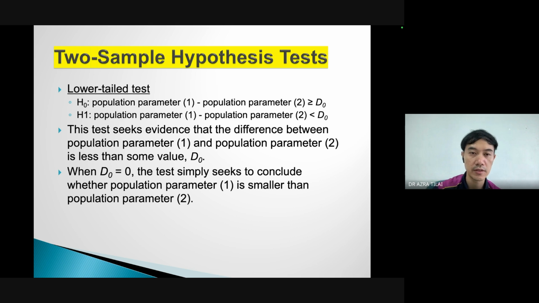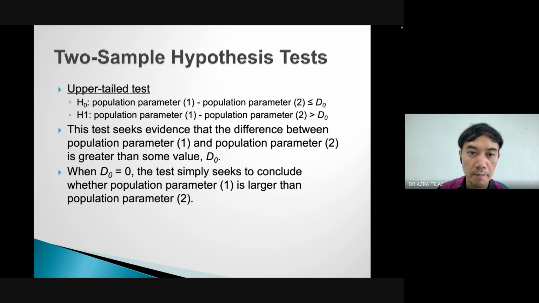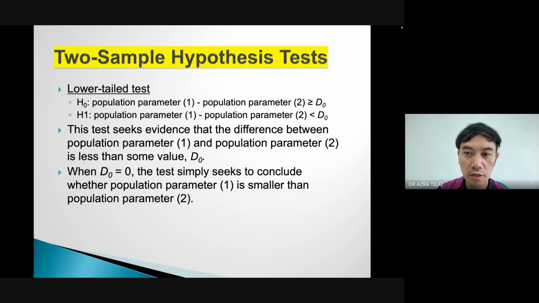This test seeks evidence that the difference between population parameter 1 and population parameter 2 is less than some value. When this value is equal to 0, the test simply seeks to conclude whether population parameter 1 is smaller than population parameter 2. Okay, so that is a lower tail test.